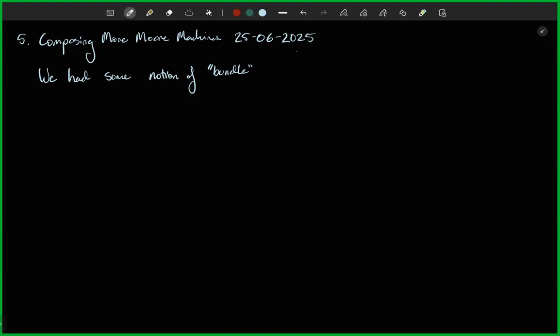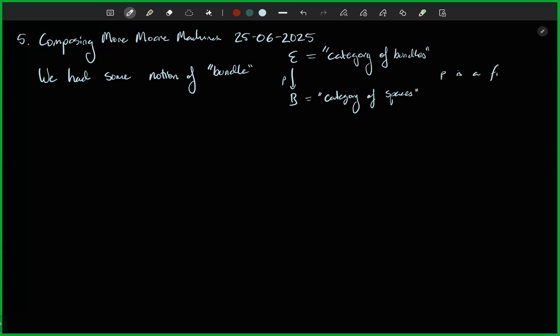It's going to be a category E over B, and I'll call this P, where E is going to be our category of bundles, B was going to be our category of spaces, and P was going to be a fibration. And this means that we can pull back bundles along maps of spaces.